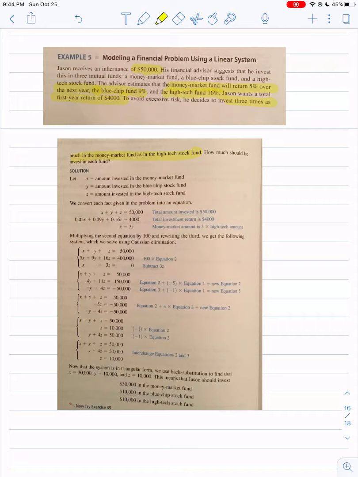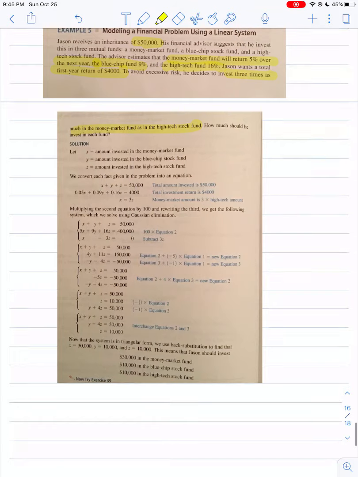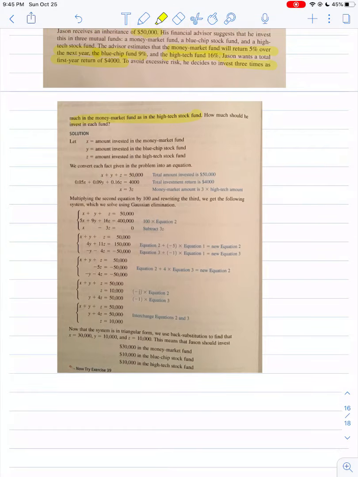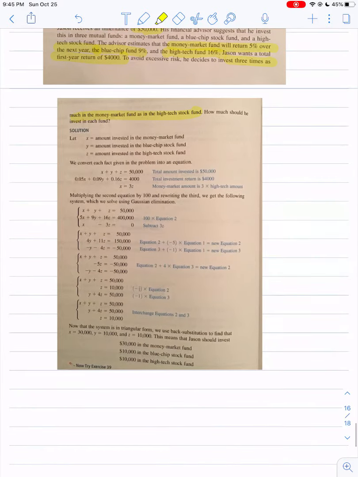Okay, so I'm going to multiply the second equation by 100 to get rid of the decimals, and then rewrite the third equation so my variables are lined up. This is the system, and I'm going to solve it using Gaussian elimination. I subtract the 3z over to get it in the correct form.